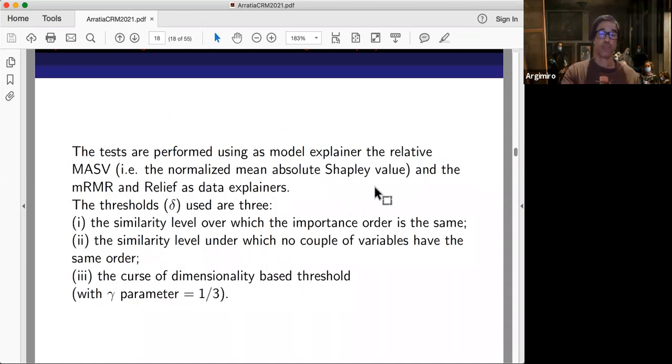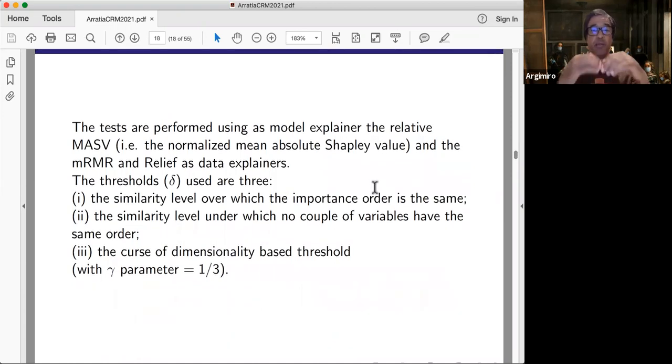We're going to assess the importance of these variables by using as a model explainer the normalized mean absolute Shapley value, and as my data explainer, both methods that I exhibited, the minimum redundancy maximum relevance, MRMR, and the relief.